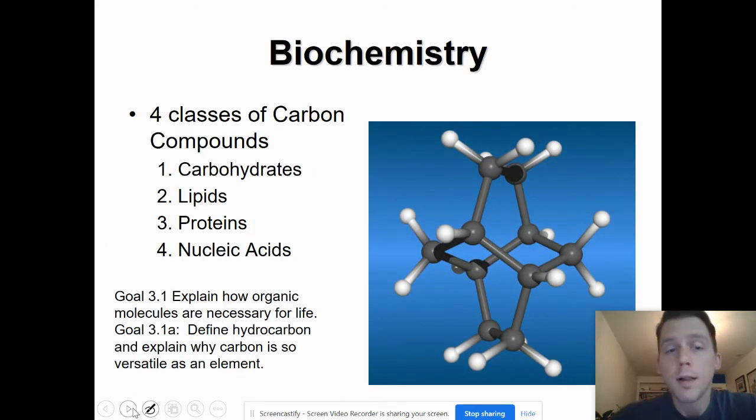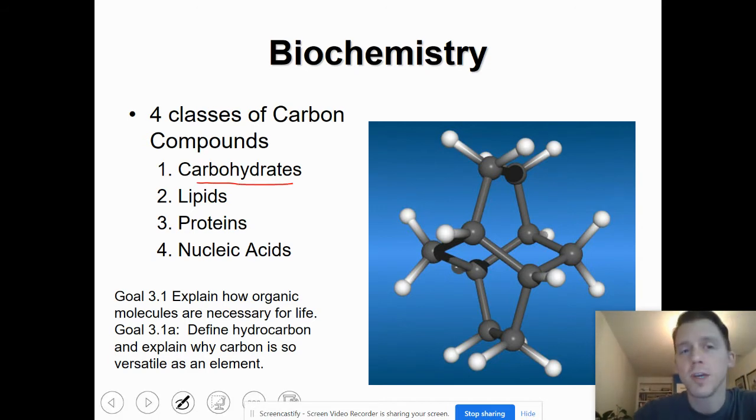There are 4 classes of carbon compounds, and you need to know all 4 of these. There are carbohydrates, there are lipids, those are things like fats and oils. There are proteins, this is found in beans and meat and dairy products. And there are nucleic acids, like DNA and RNA.